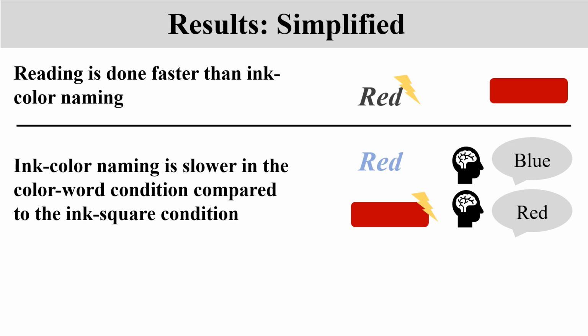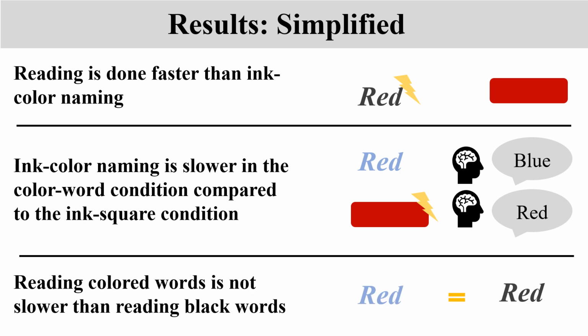They found that naming in color is slower in the colored words condition compared to the ink square condition, because there is an interference that occurs when you see the word red printed in blue. So color naming of rectangles is faster than reading a word that is written in a different color.